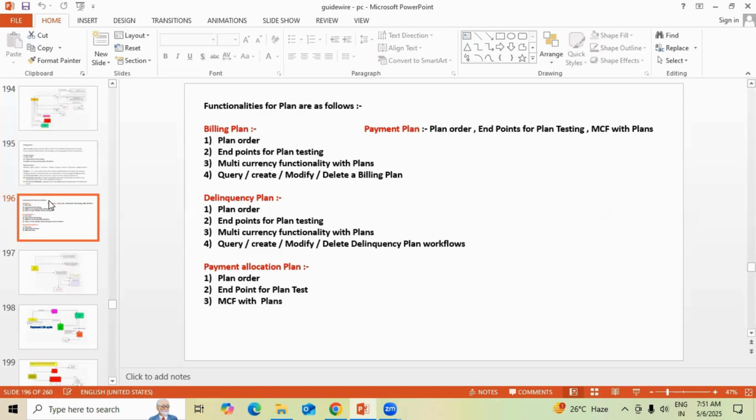Point number two. Third, about the delinquency plans. Delinquency plans, as I told you last time, for example, a person has a premium which is to be paid on a particular date. That particular date has crossed, right? So whenever a particular date is crossed, there are reminders.